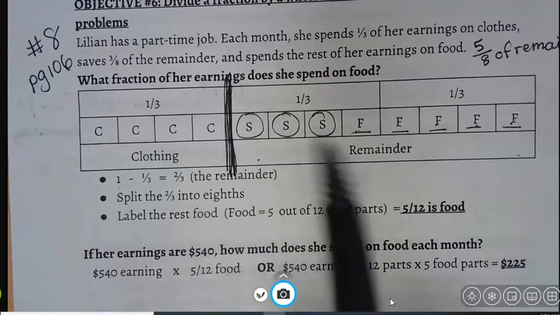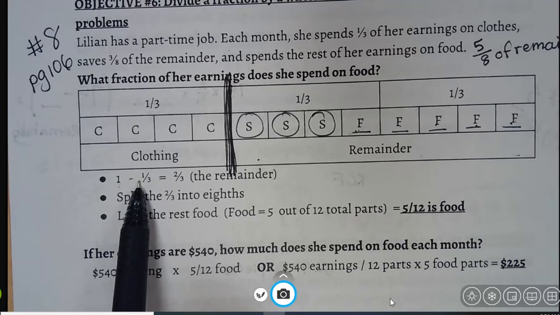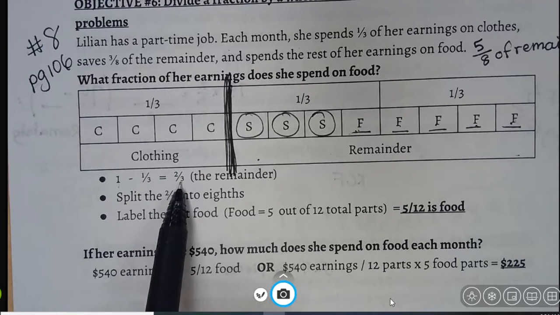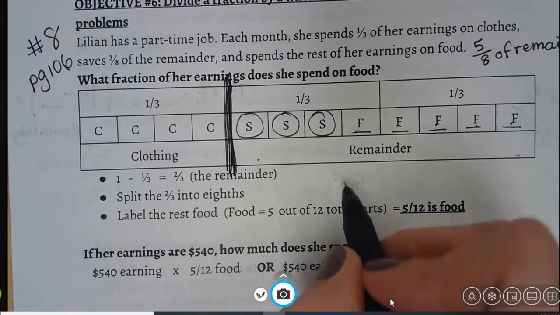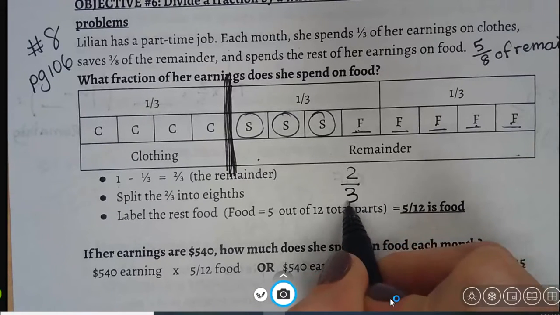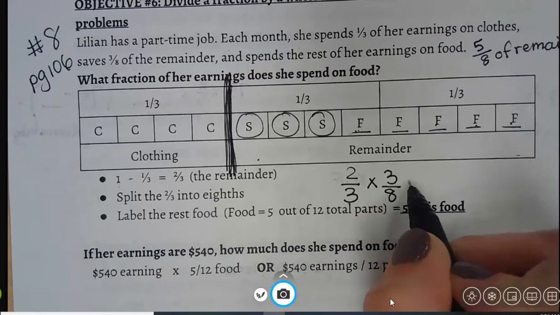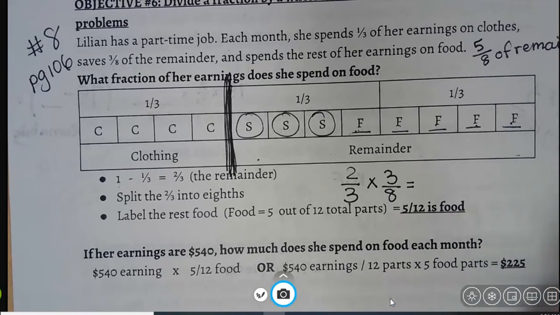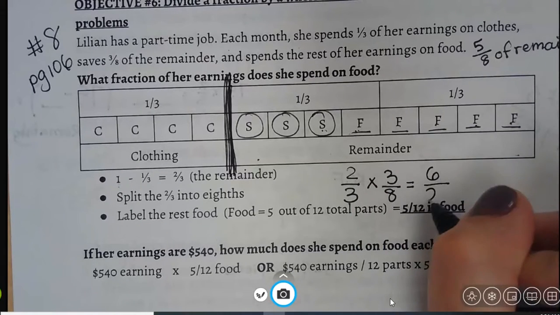Or you can do, she has 1 whole month, subtract 1/3, which equals 2/3 for the remainder. And then you split the 2/3 into 8, so you would say 2/3 times 3/8 that she saves, which would be 6/24.